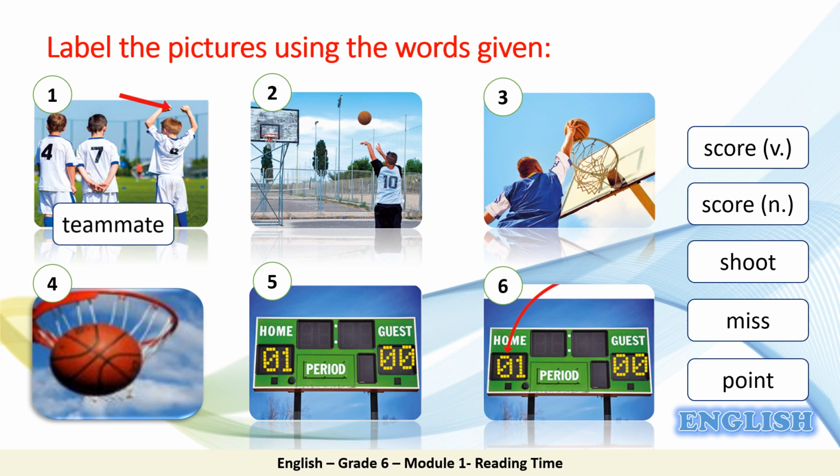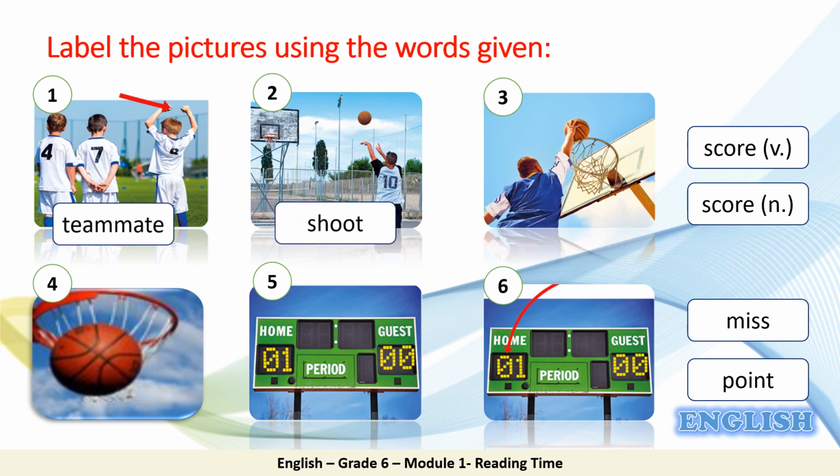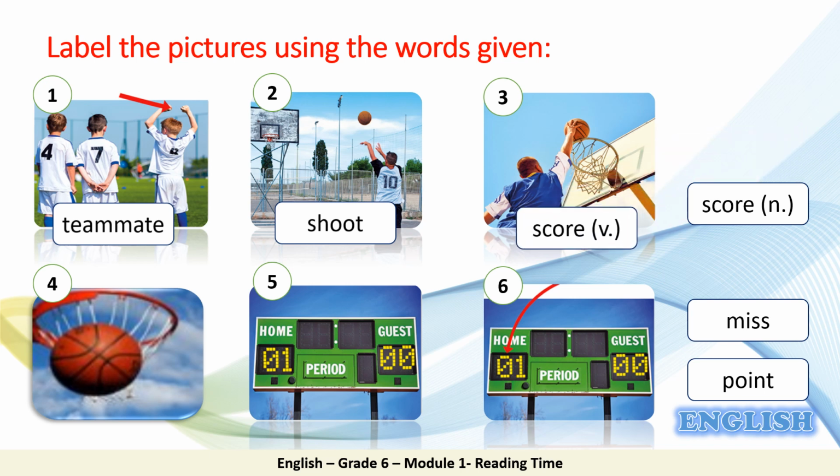Now, it's time to pause the video till you finish matching the remaining 5 words to the suitable pictures. Back again, and let's check. Number 2 is shoot. Good. Number 3, score as a verb.